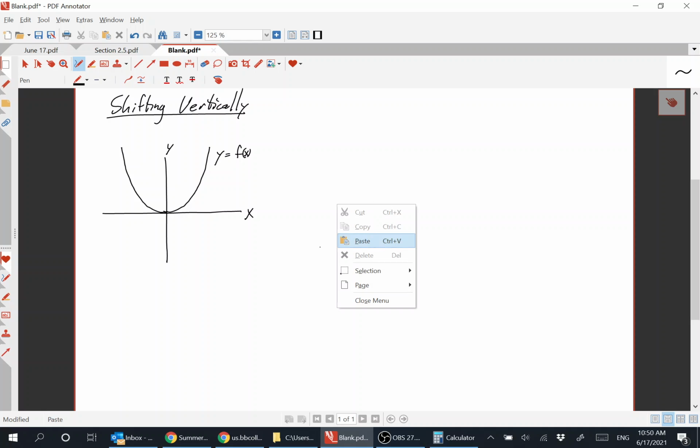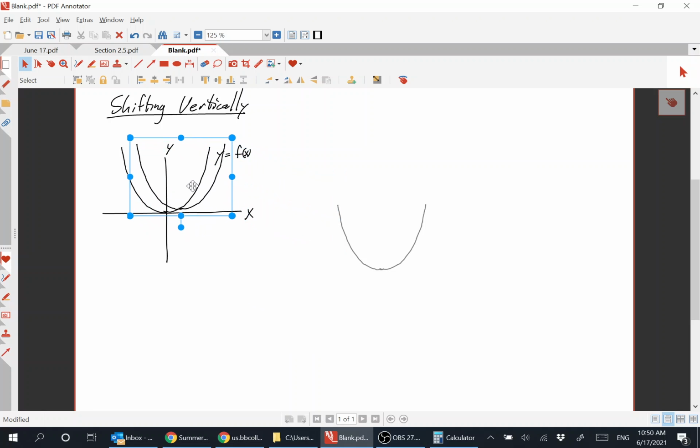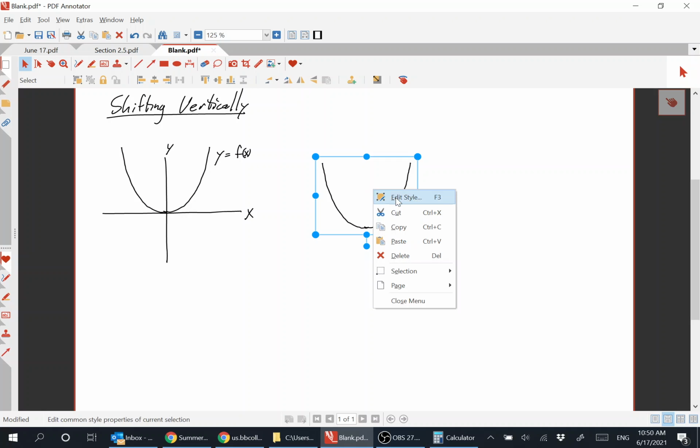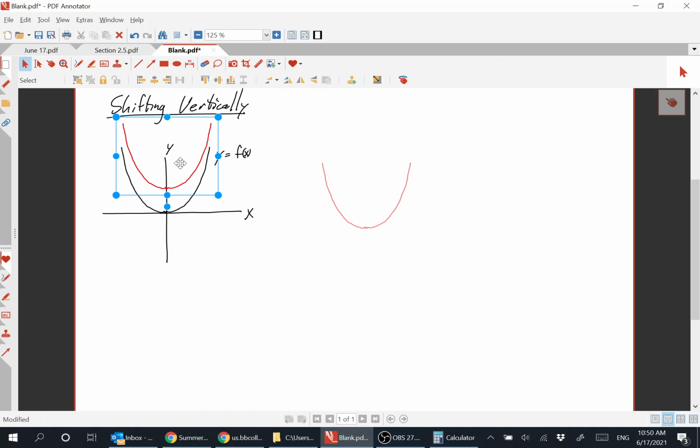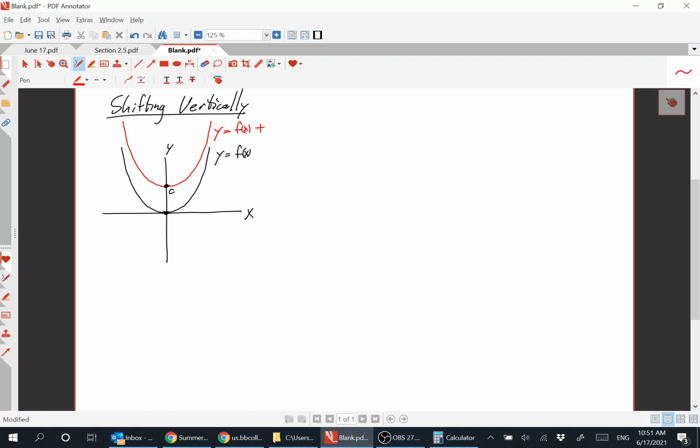Now, if c is a positive number, and what I do is I add c to f of x, then what I've done with the graph is to shift it upward like this. So this red one is y equals f of x plus c, where c is positive.